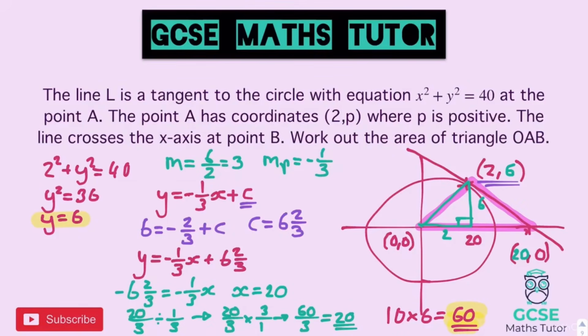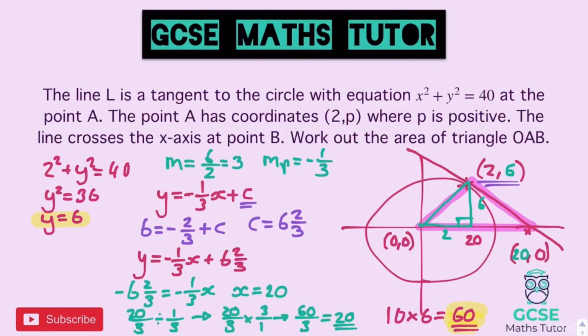Let's just have a look at obviously what this actually looks like on a graph. We're not going to be able to get the area of the triangle on the graph, but we can draw this x squared plus y squared equals 40. We can draw this line equation which we got, which is y equals minus a third x plus 6 and 2/3. And we can actually see these coordinates here. So the intersection coordinate we got is 2, 6. The x coordinate we got there is 20, 0.